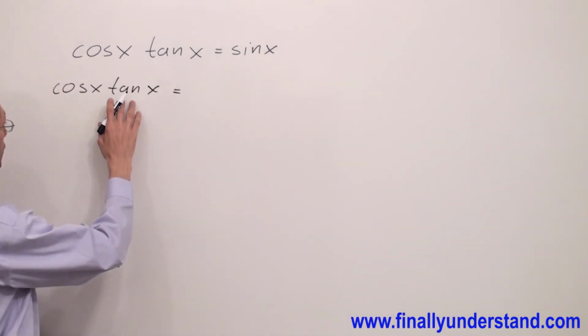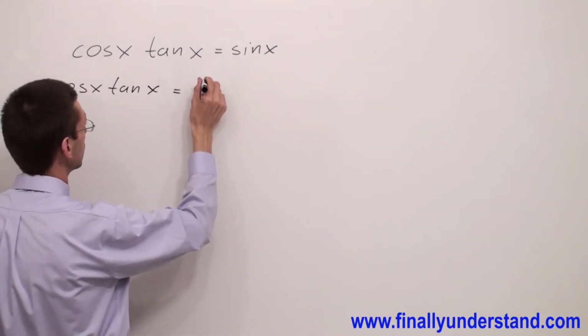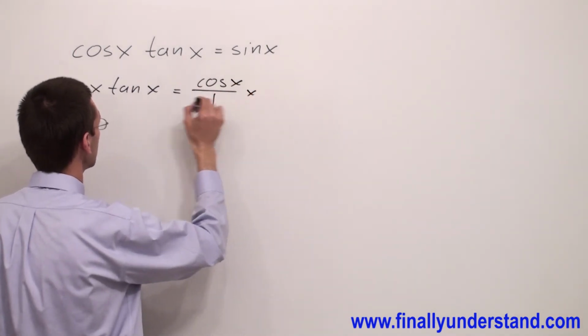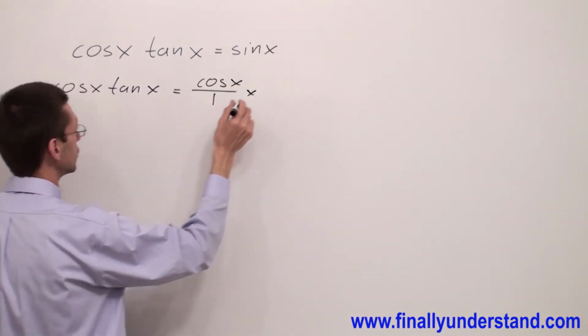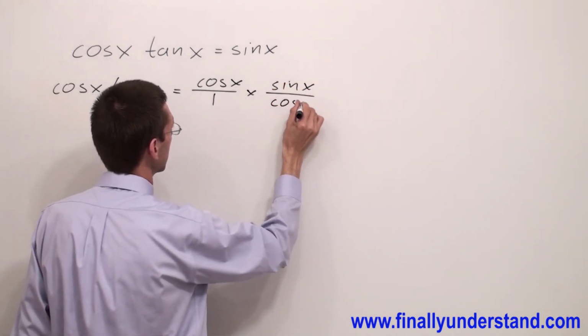Because I'm going to deal with fractions, I'm going to convert cosine of x to a fraction too. That's why I'm going to have cosine of x over 1 times tangent of x is sine of x over cosine of x.